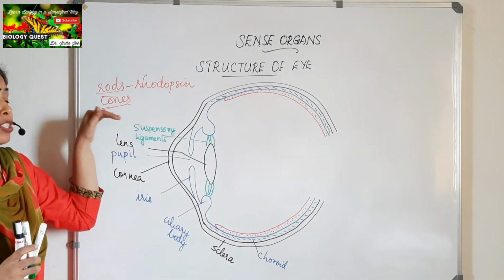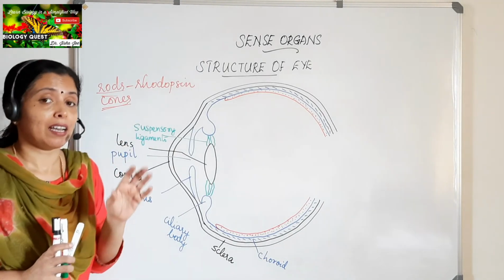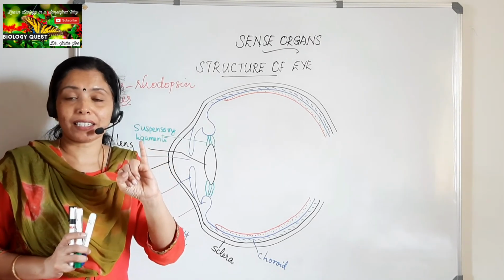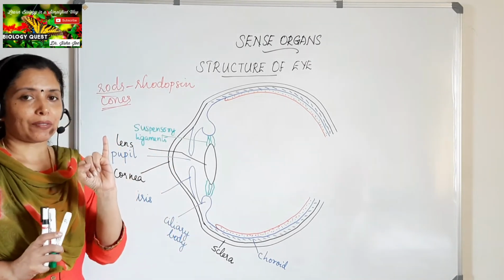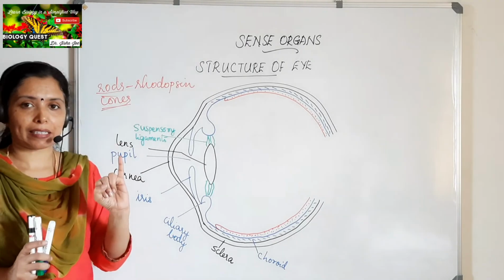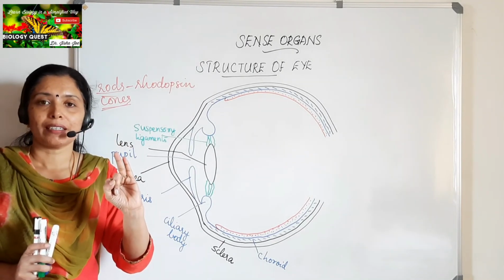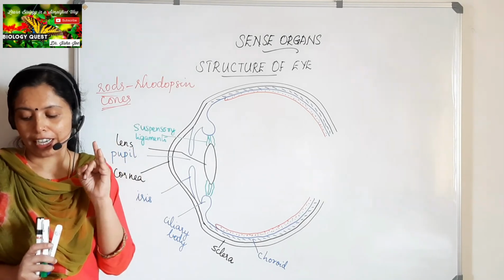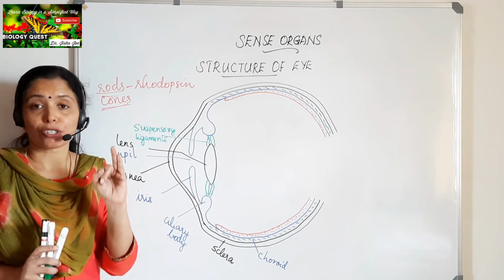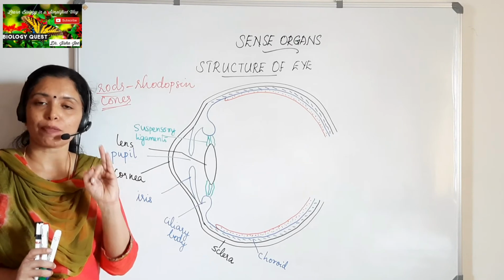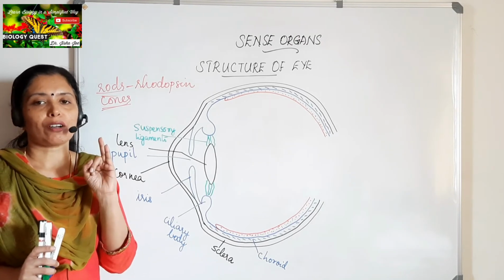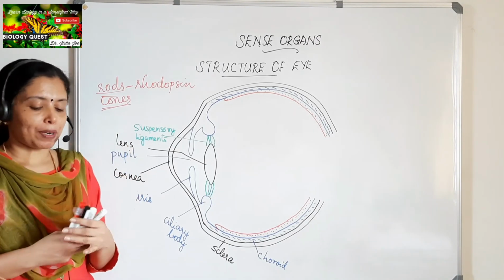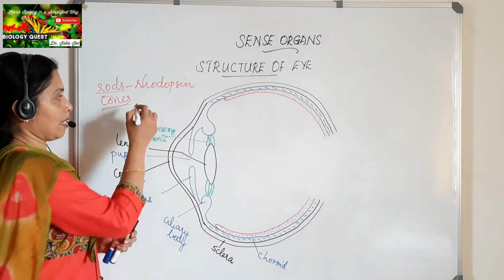Now we move on to the second type of sensory cells, which are the cones. The first point, they are sensitive to bright light. The second point, they are color sensitive. We can differentiate the color in bright light, isn't it? So color vision is possible due to the cone cells. Third point, the pigment present is iodopsin.